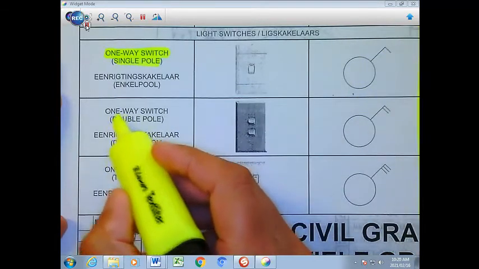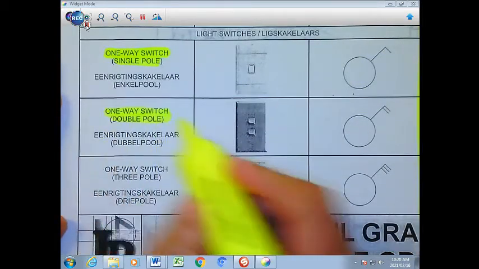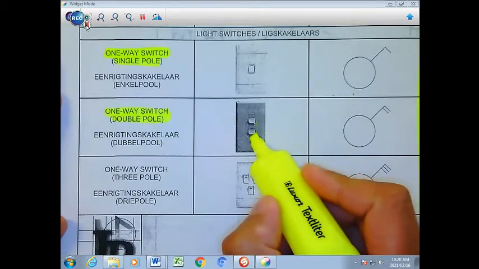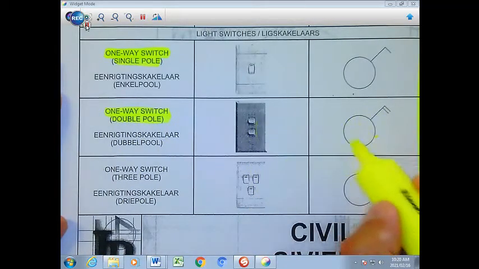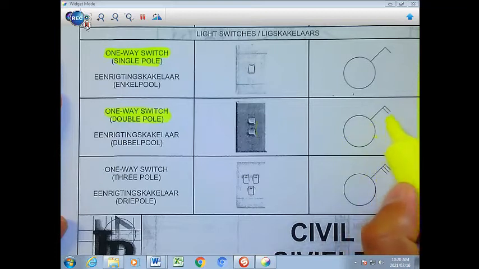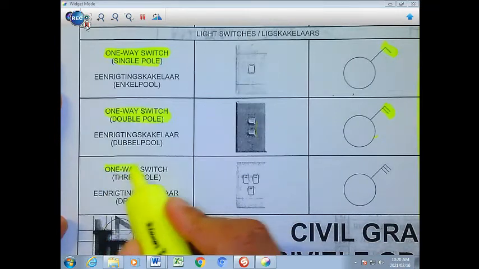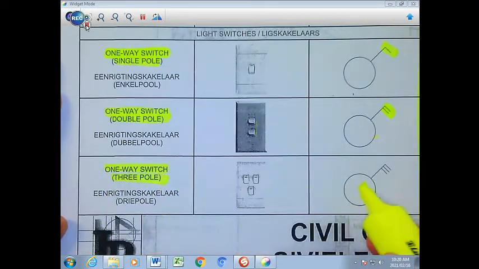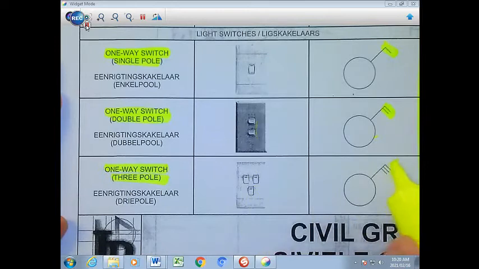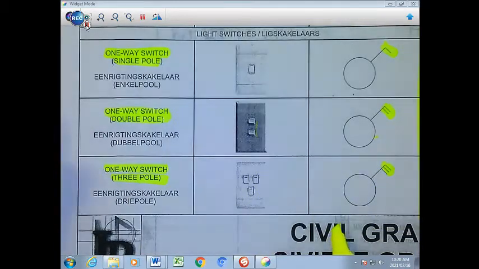Then you will have a one-way double pole switch, where it has 2 switches, very similar to the single pole, but that indicates that it is a double pole. And the same with the one-way 3-pole, where you have 3 switches, and that indicates that you should have 3 lights or 3 connections to that specific switch.